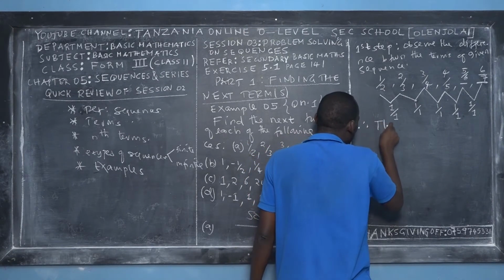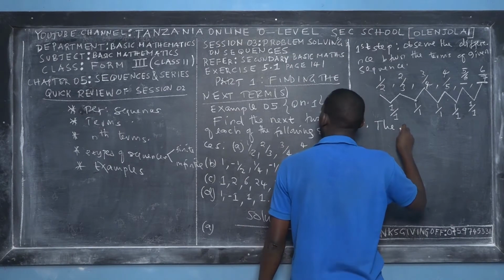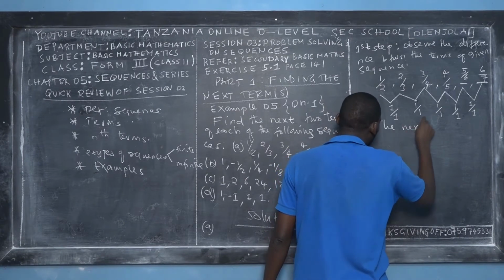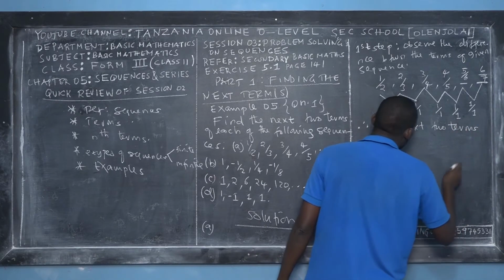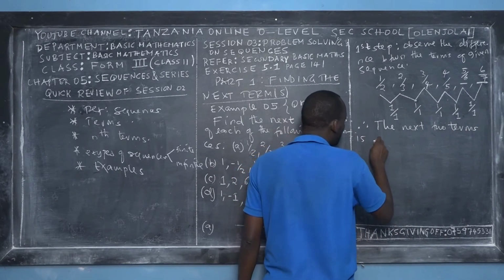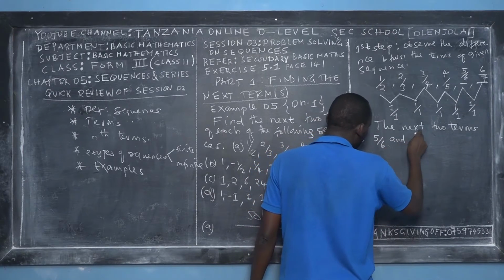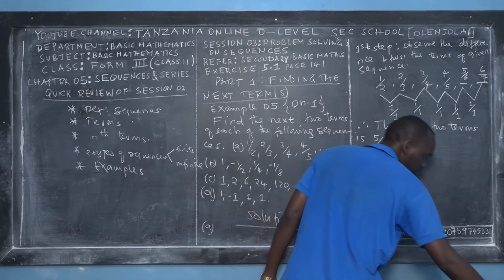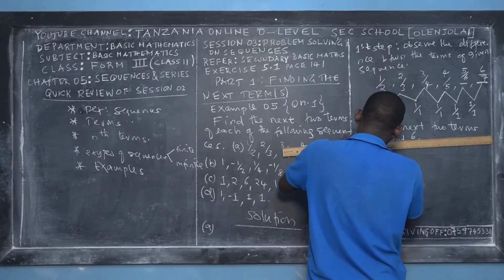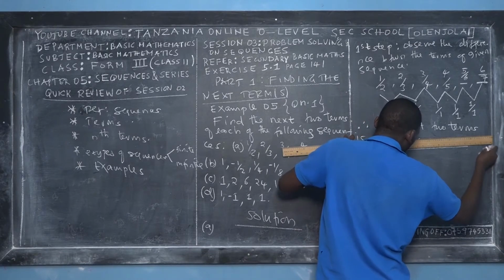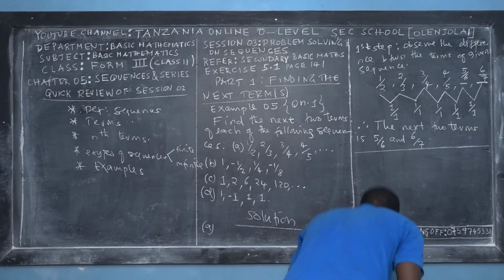The next two terms for this case are 5 over 6 and 6 over 7. So this is the response. So we are done with part A, right?